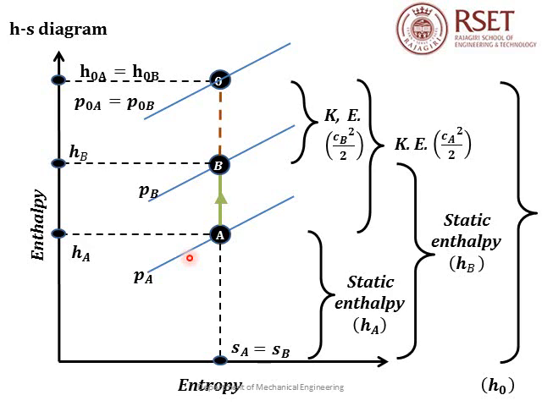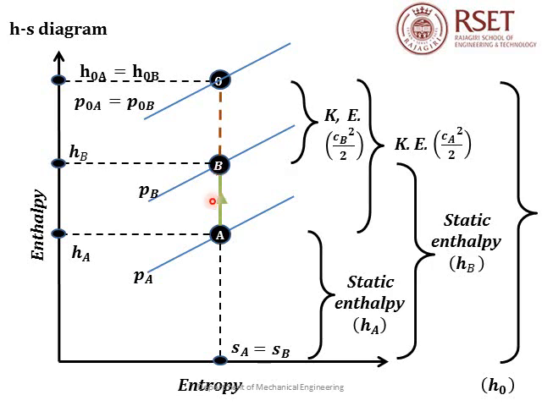When there is a reduction in kinetic energy, there is an increase in static enthalpy. So the point B will be lying above the point A because this is having lower kinetic energy and higher enthalpy. And since it is an isentropic flow, it will be connected by a vertical line.